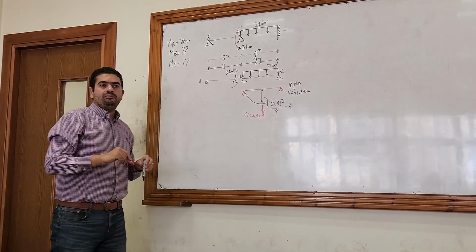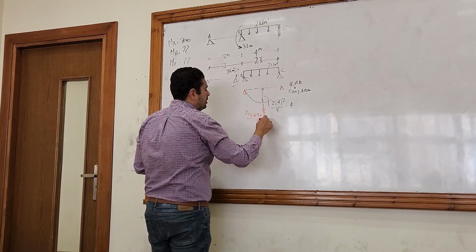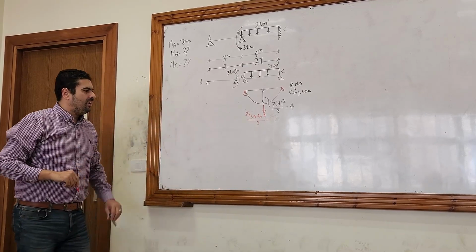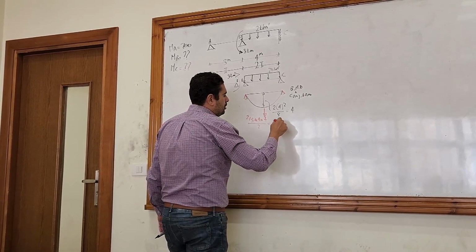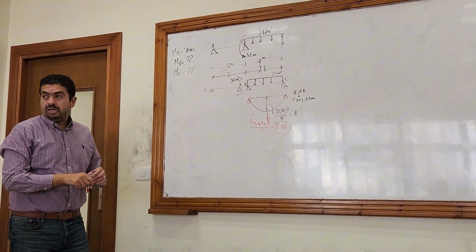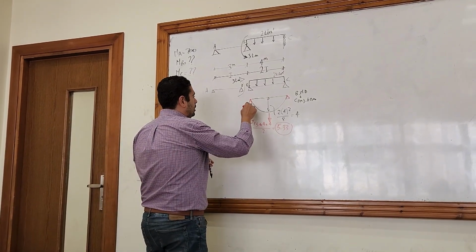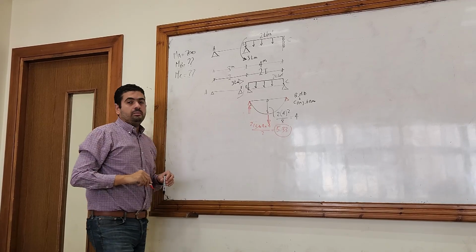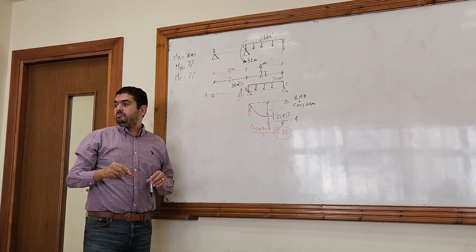Only the area, no, it's divided by the inertia factor, which is here 2. So this will be 5.33, I think. Let's double check. 5.33. Anyone double checking? So the reaction here, it's in the middle, so the reaction here will be half. Is it right? 5.33.